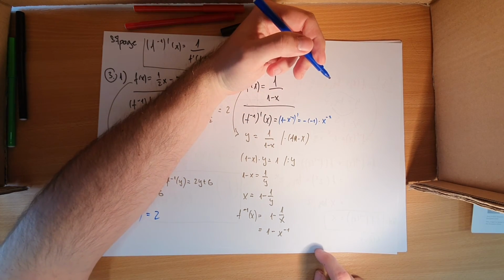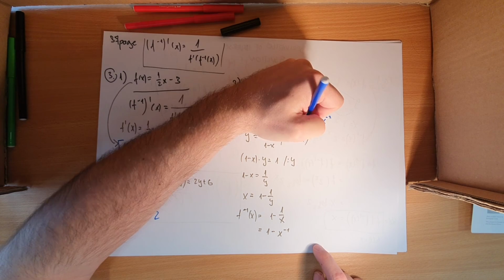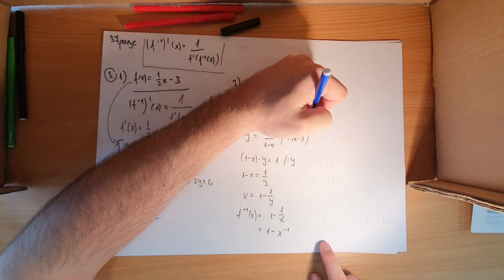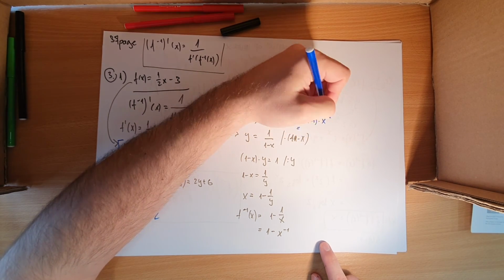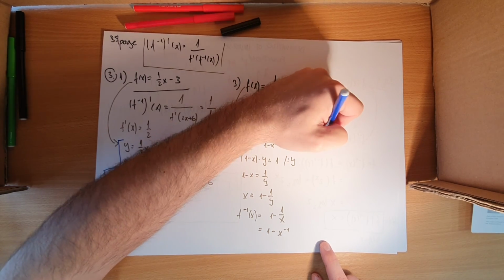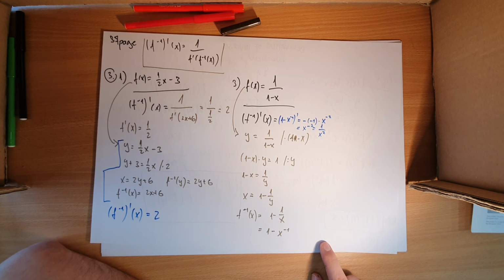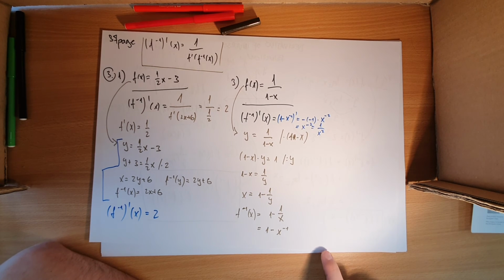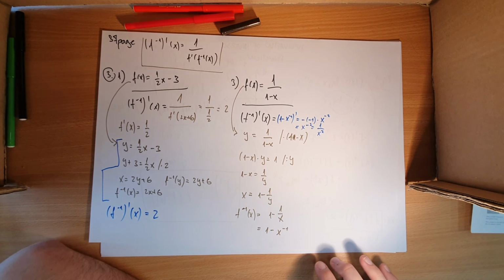Basically, we applied the index law of derivative. So minus minus 1 becomes plus x to the power of minus 2, or 1 over x squared. And this is the derivative of the inverse function of 1 over 1 minus x.